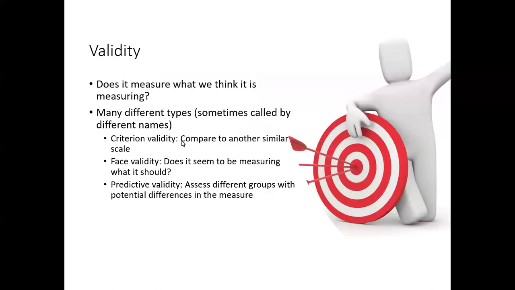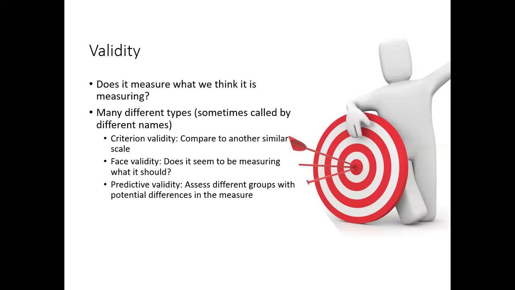So for validity, we ask the question, is what we're measuring what we think it is? This is hard to determine. There's a lot of different types, sometimes called by different names. Sometimes it's criterion validity, so we compare what we're measuring to another similar scale or another similar item.